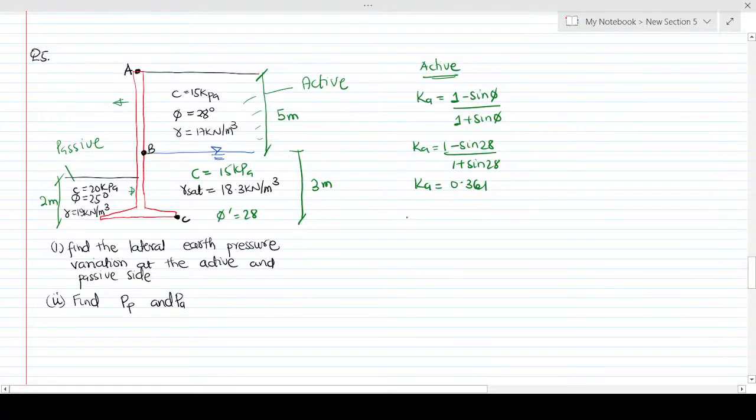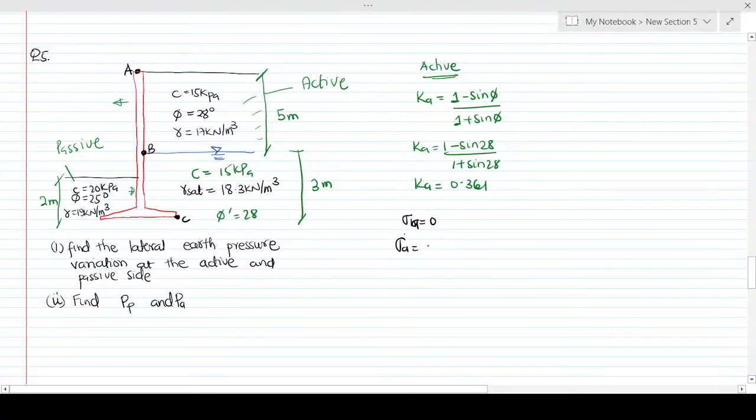So my depth of tension crack is the point where the lateral earth pressure is equal to zero, right? And you know that the lateral earth pressure, the active one, is given by this. I don't want to give you a formula because conditions can change. When conditions change, your formula will not help you. So you just need to use this equation.